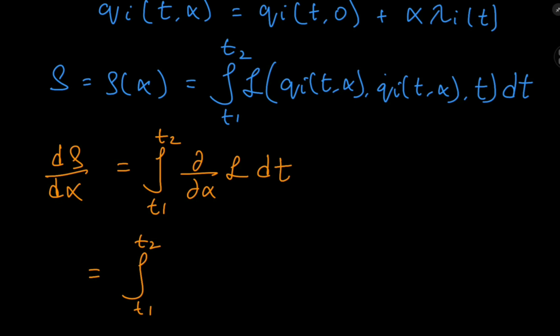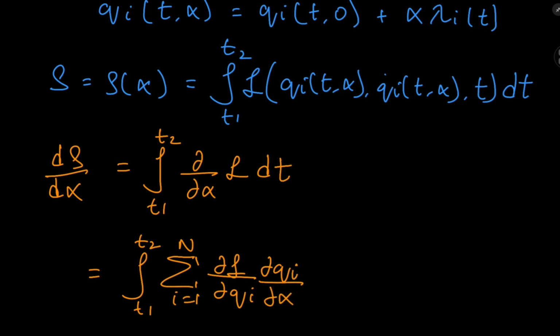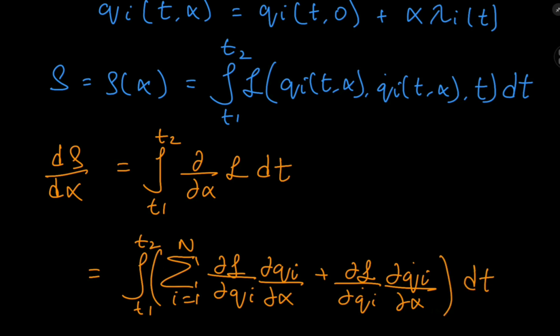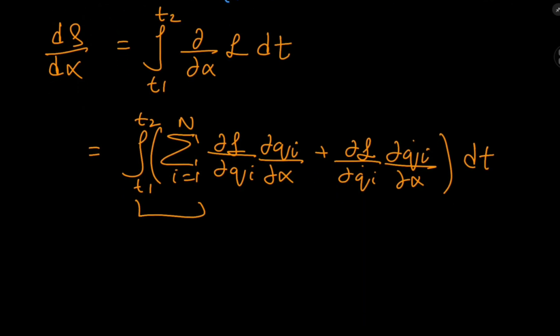Okay, so you have n generalized coordinates and velocities, so the chain rule is going to give you the sum from i equals 1 to n of partial L by partial q_i times partial q_i by partial alpha, plus partial L by partial q dot i times partial q dot i by partial alpha, integration with respect to t. Okay, cool. And of course, we can switch up the order of the summation and the integration operators.